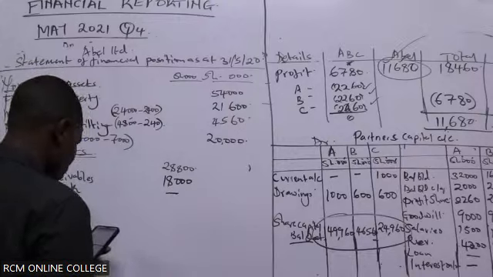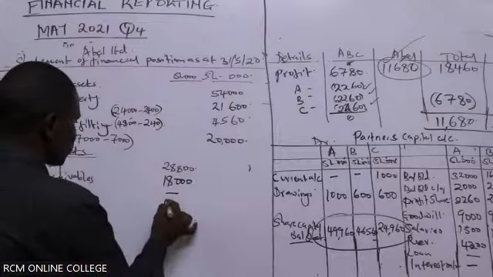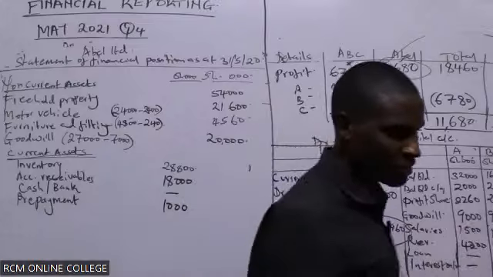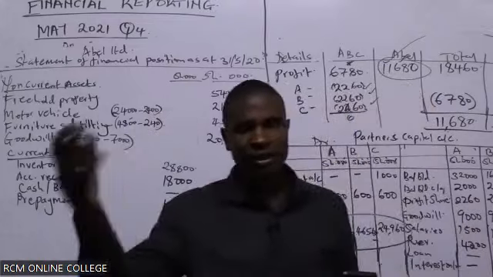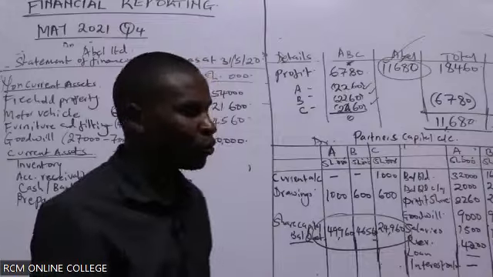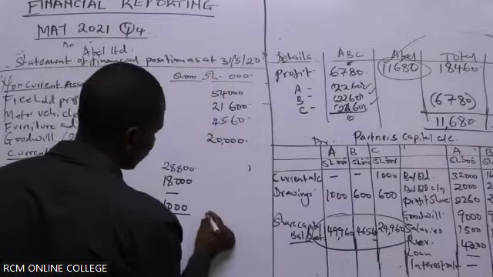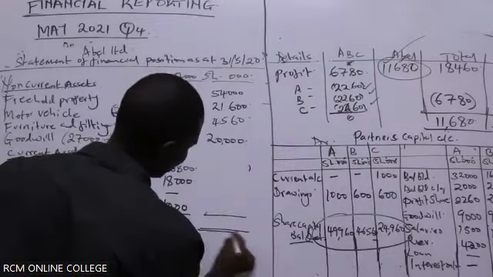So I go to prepayment of 1,000. I know prepayment will be on the debit side, 1,000. The other one on the other side is the accrual. Then I can get the total.